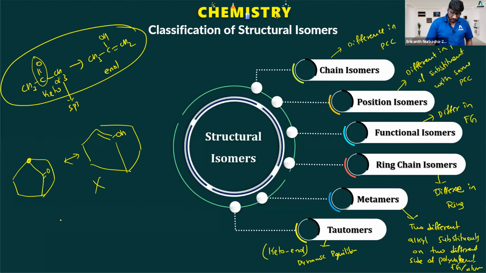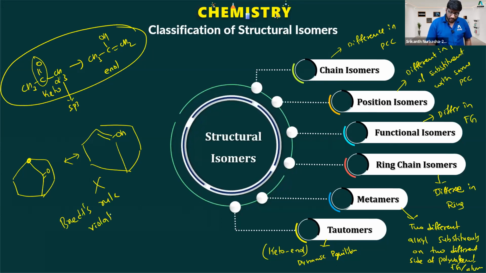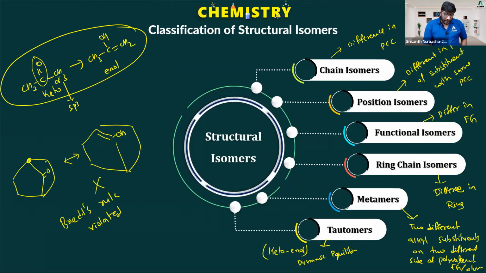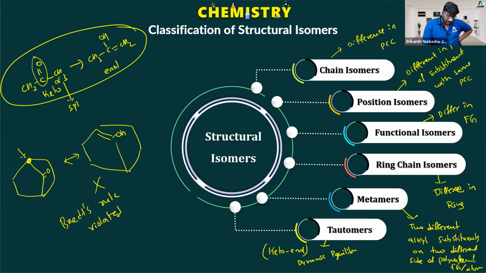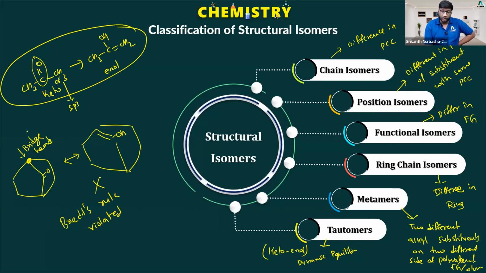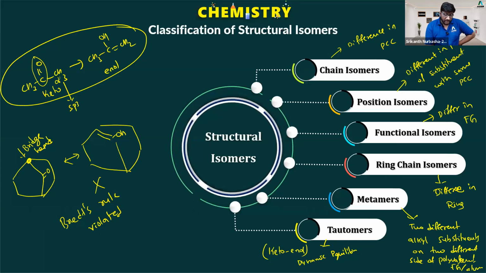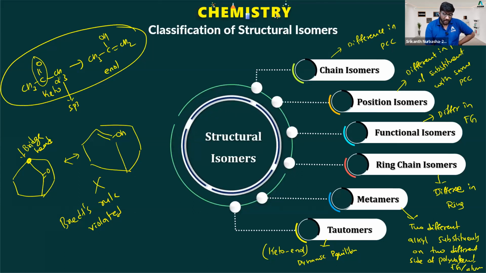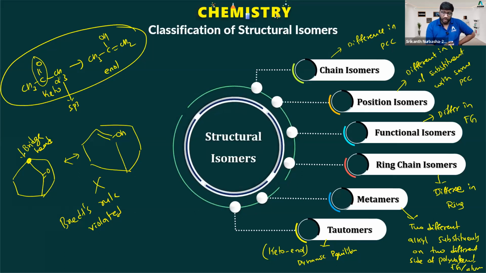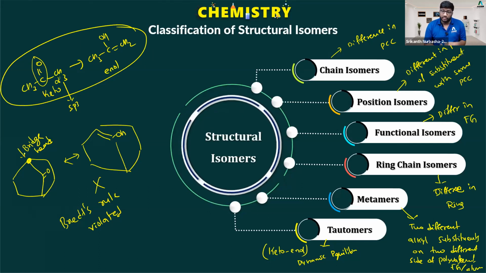Bredt's rule is violated. Bredt's rule says that in bicyclic systems, at the bridgehead center you cannot have sp2 hybridization. You cannot maintain planarity, so you can say this tautomer is not going to be possible.